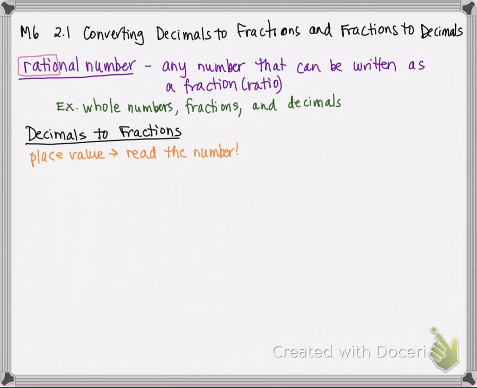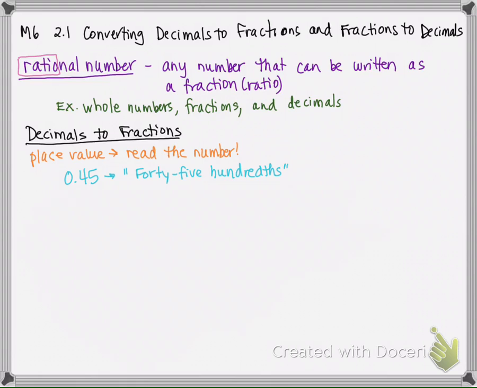Let's do a couple of examples. So let's say we have 0.45. That's not how we would read it. We would read it as 45 hundredths. Since the 5 is in the hundredths column, we read the name of the column the last digit is in. Okay?